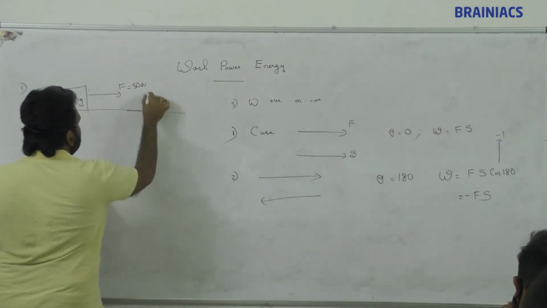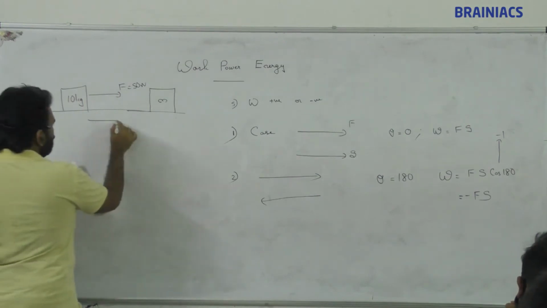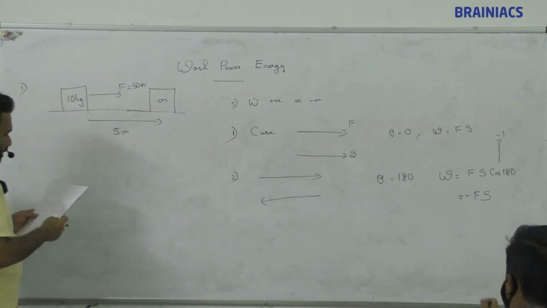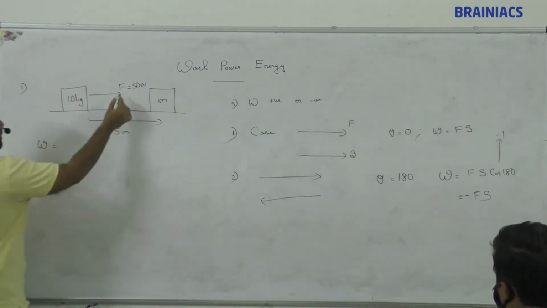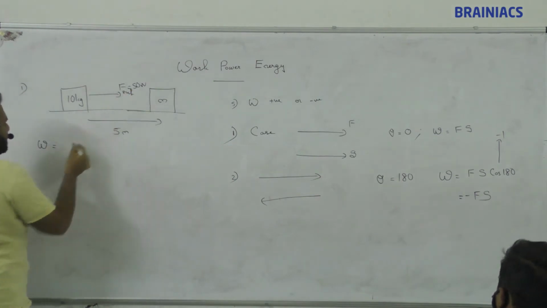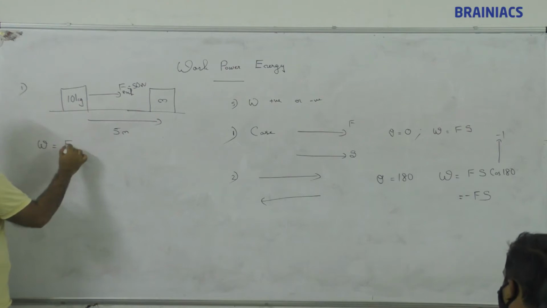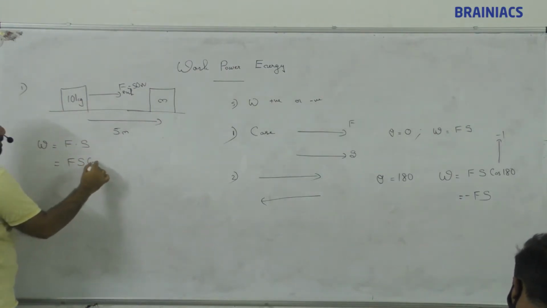We displaced the mass to this point. This distance is 5 meter. So what is the work done by the external force? Quickly, come on. F dot S, F S cos theta.